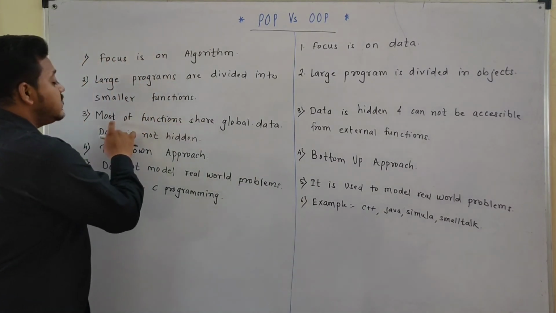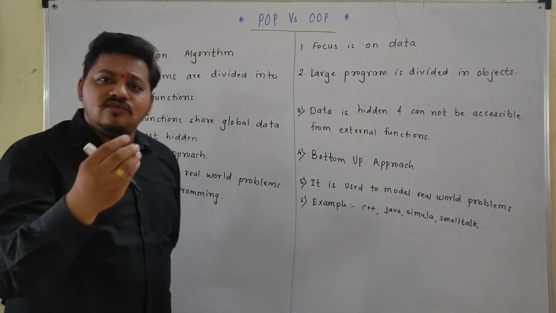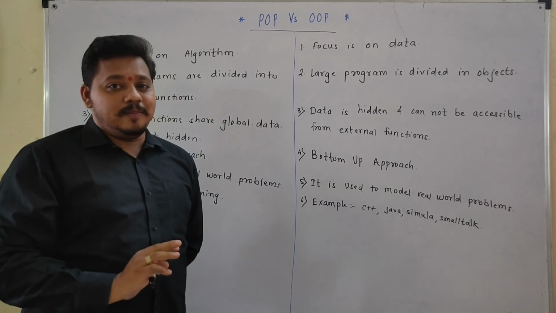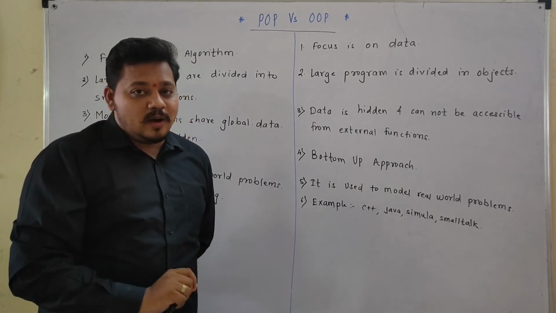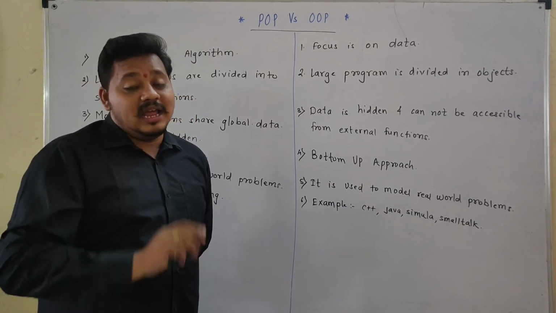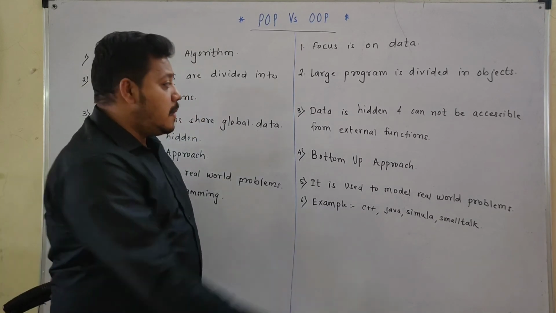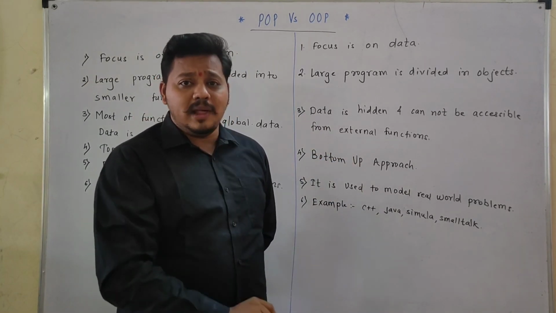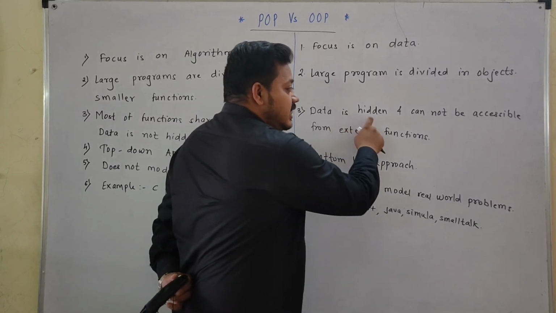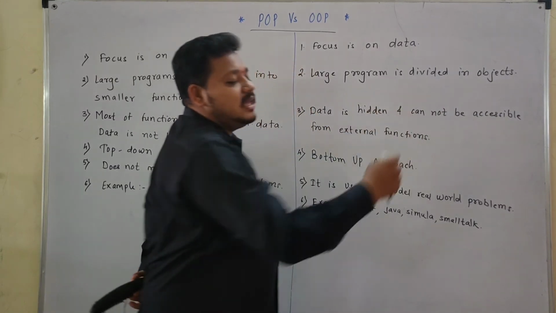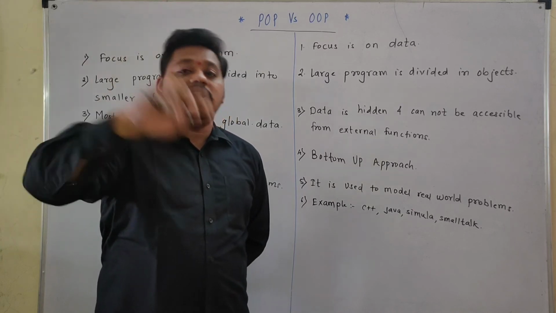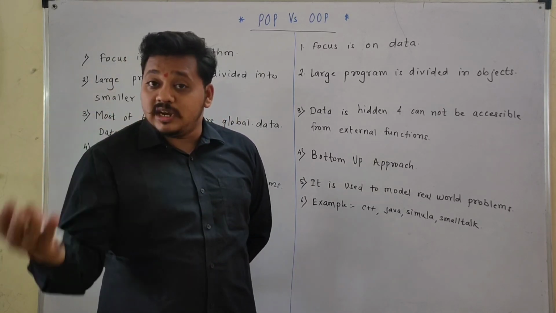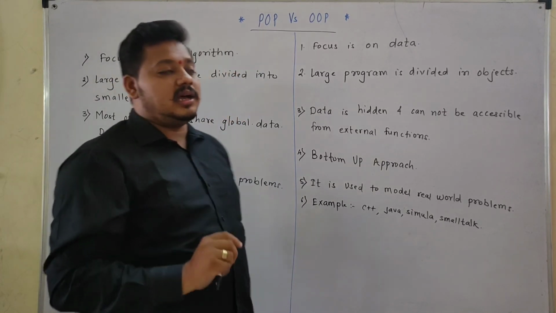The third difference is that in POP many of the functions share global data. As the data is global, we cannot hide the data, but in OOP the data is hidden. The data is not global, so it cannot be accessed from external functions. The functions outside the class cannot access that data.